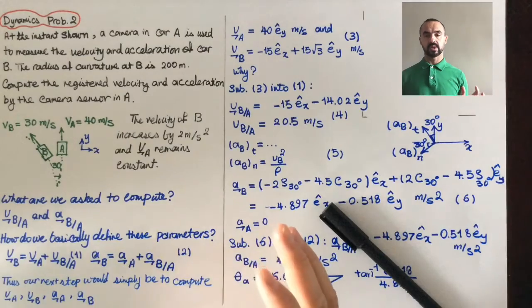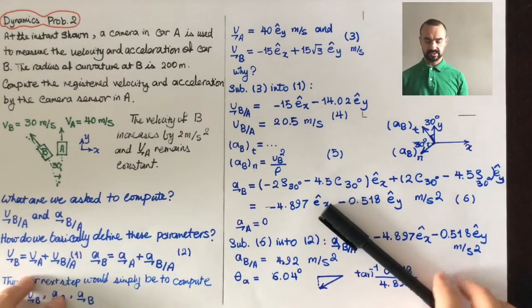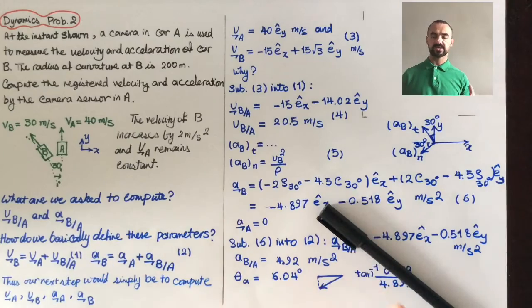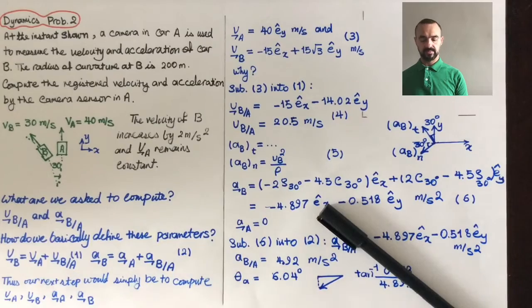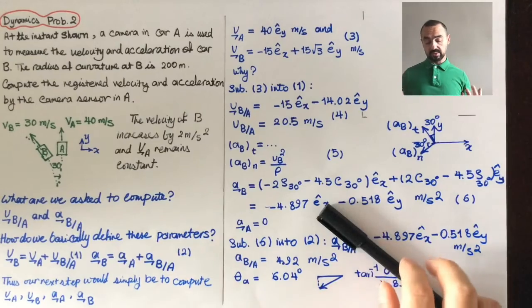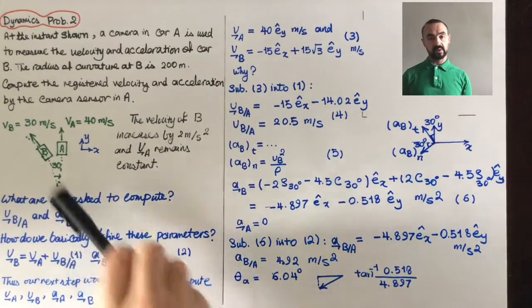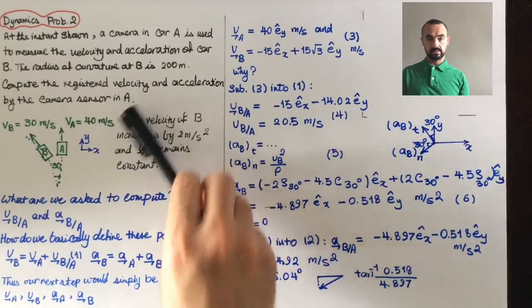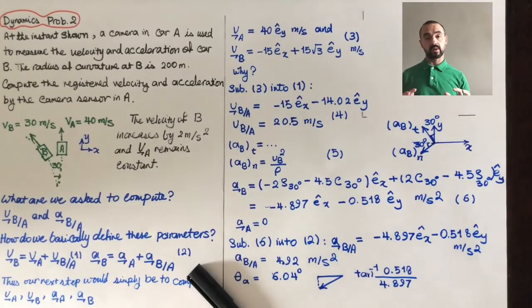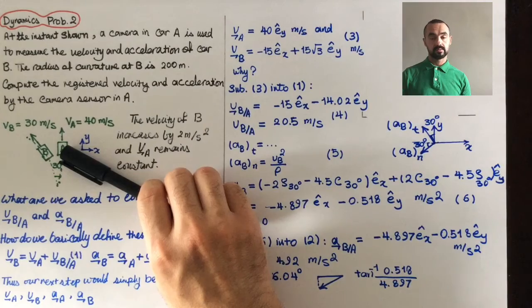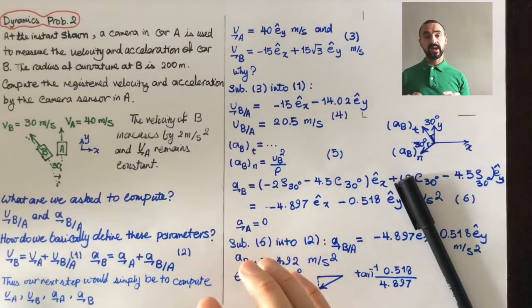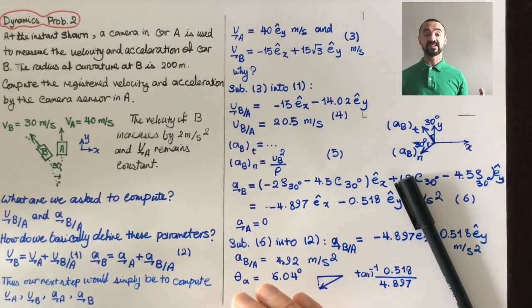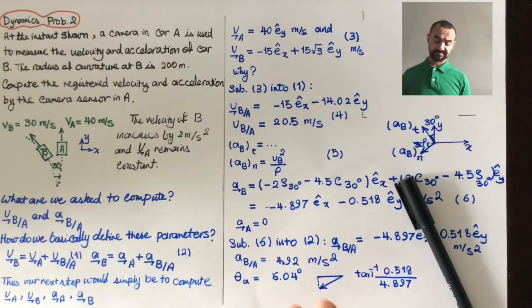We have two fundamental equations to compute accelerations and velocities. We know that inertial velocity of B is inertial velocity of A plus velocity of B with respect to A, and same thing for acceleration. So to compute velocity of B with respect to A, because that's what we're being asked to compute, because the camera is mounted in A, and the data recorded by this camera is relative velocity and relative acceleration.